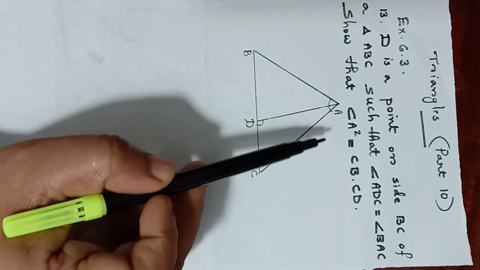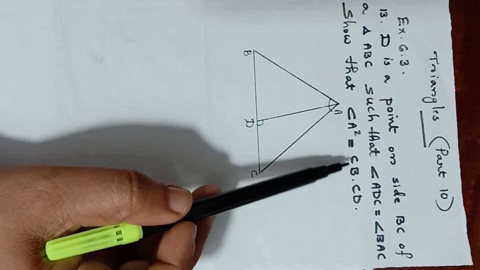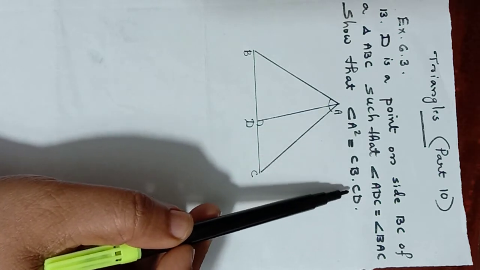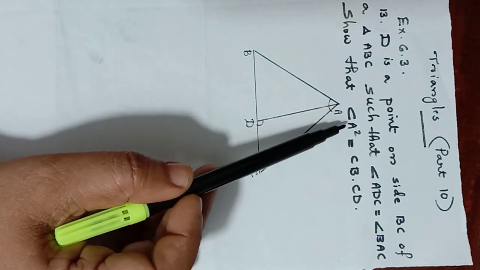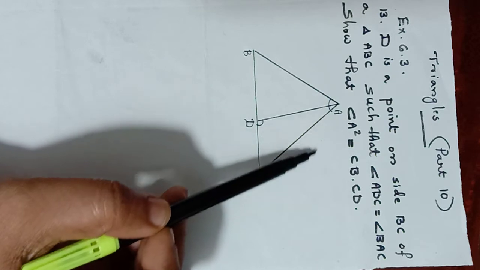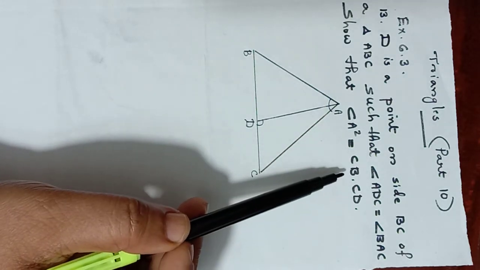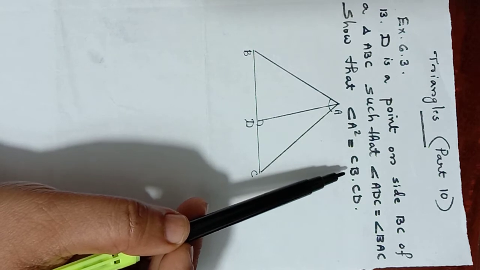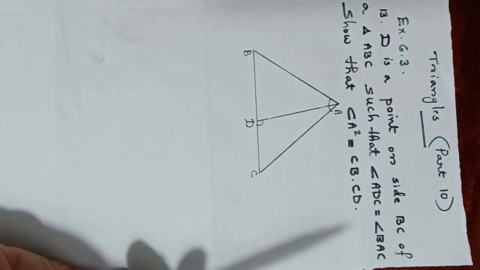From this question we will understand CA square is CA into CA, that is equal to CB into CD. Or otherwise we can write it as a proportion. CA by CB equal to CD by CA also. It's a proportion. So how do we get a proportion? The proportion or ratio is equal only when two triangles are similar.